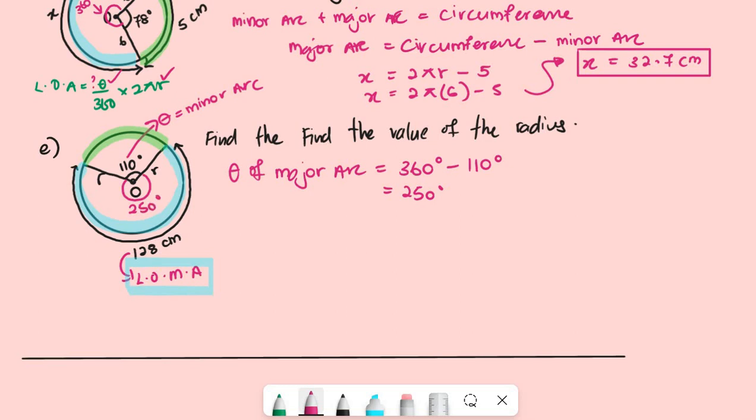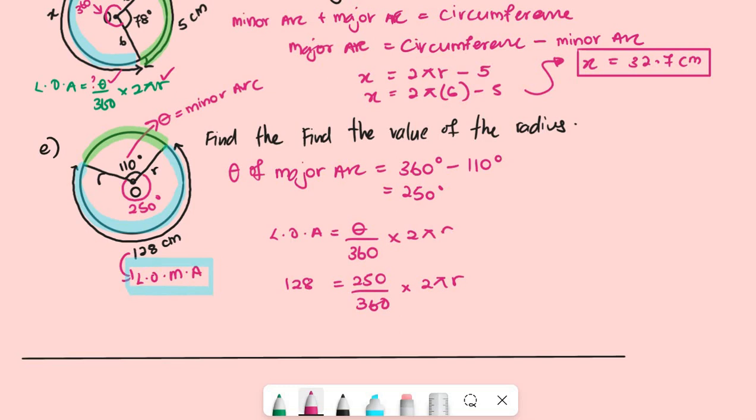Since I already have the theta, now just by using the formula, length of arc equals theta over 360 times 2 pi r. So here I would take 128 equals theta, which is 250 over 360, times 2 pi r. One thing I can do is rearrange the entire formula to make r the subject.